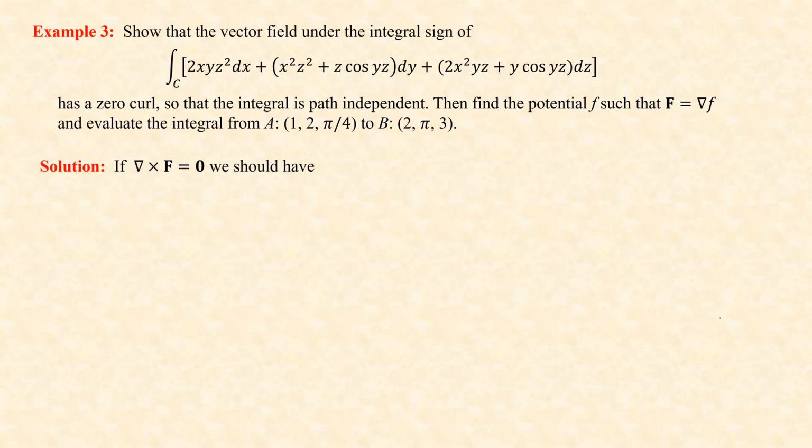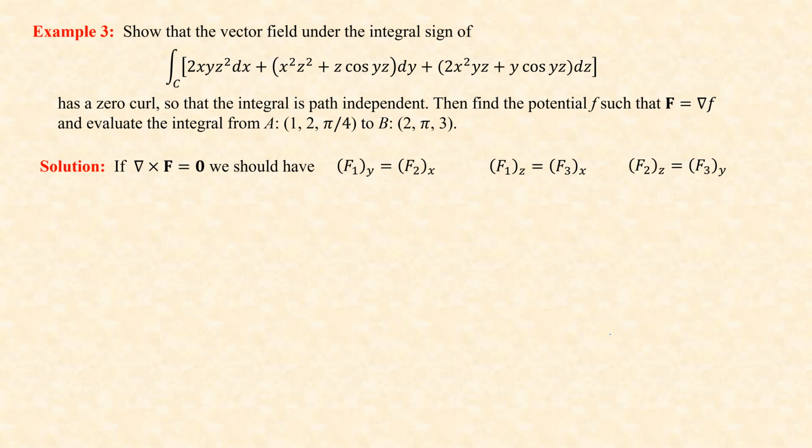Then find the potential f such that F equals the gradient of f, and evaluate the integral from a to b. So in order to show that the integral is path independent, we show that the curl of F is 0. If the curl of F is 0, we should have f1y equal to f2x.